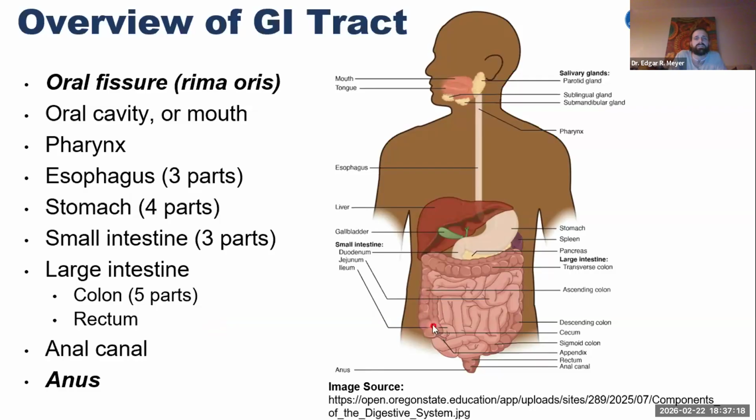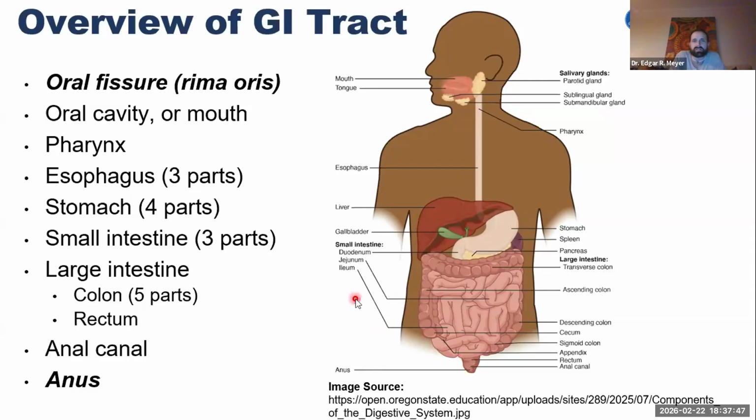Got the cecum, ascending colon, transverse colon, descending colon, and sigmoid colon. Okay, and that would conclude our parts of the colon as we move into the rectum. And then finally, we conclude with our anal canal and the actual opening with the sphincter muscles, the anus.